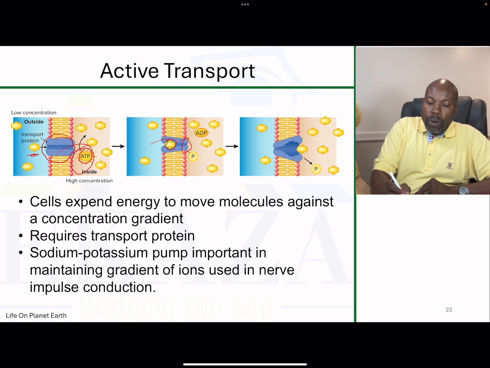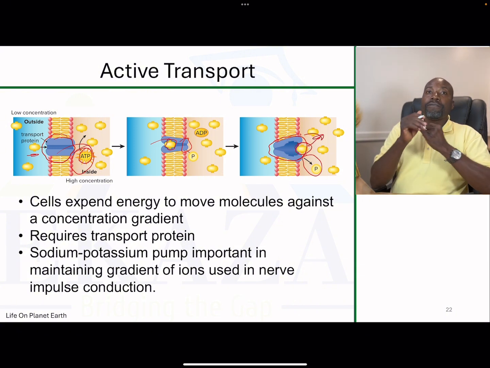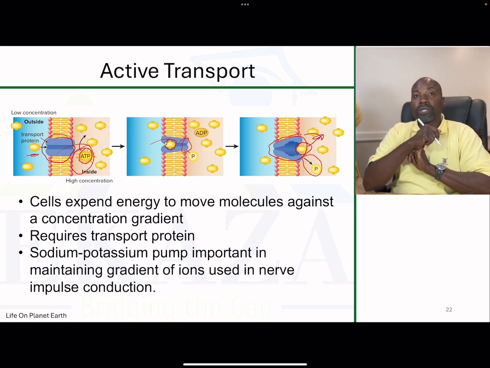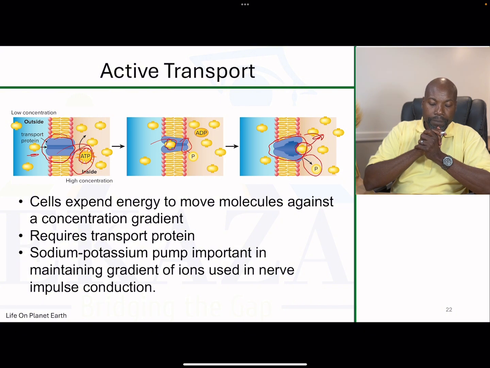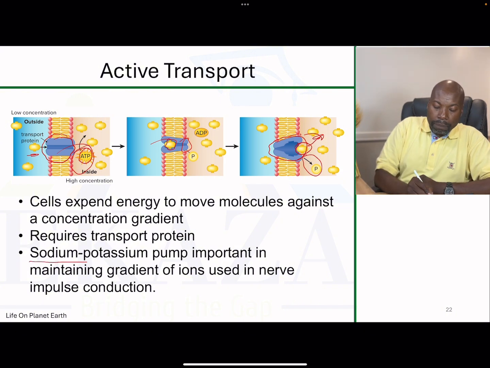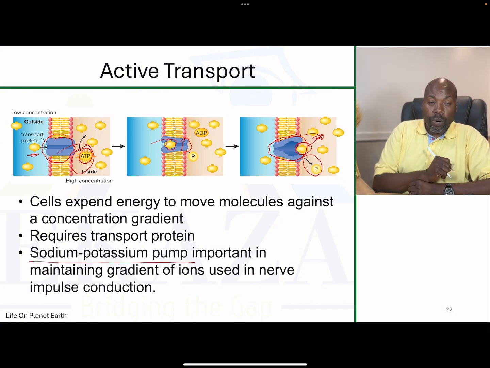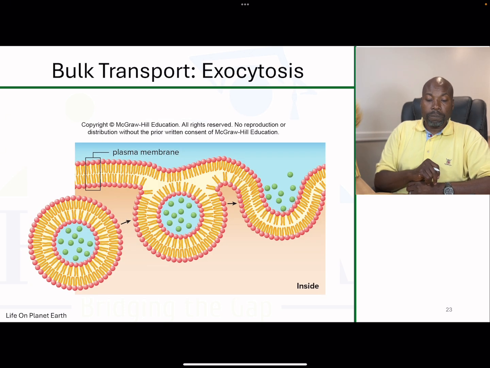And now, when ATP is released from the transporter, you have another conformational change, which releases the chemical inside, right? A lot of our ions, such as potassium and sodium, are transported in and out of the cell that way, okay? The sodium potassium pump actually works that way, carrying substances against their concentration.